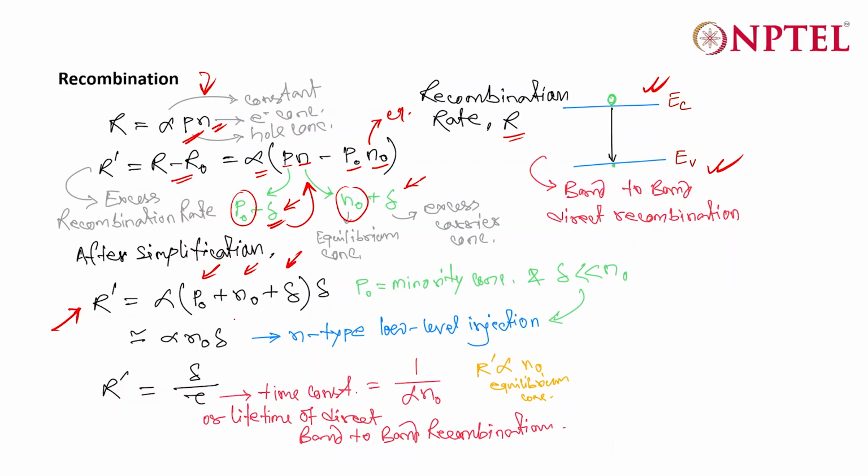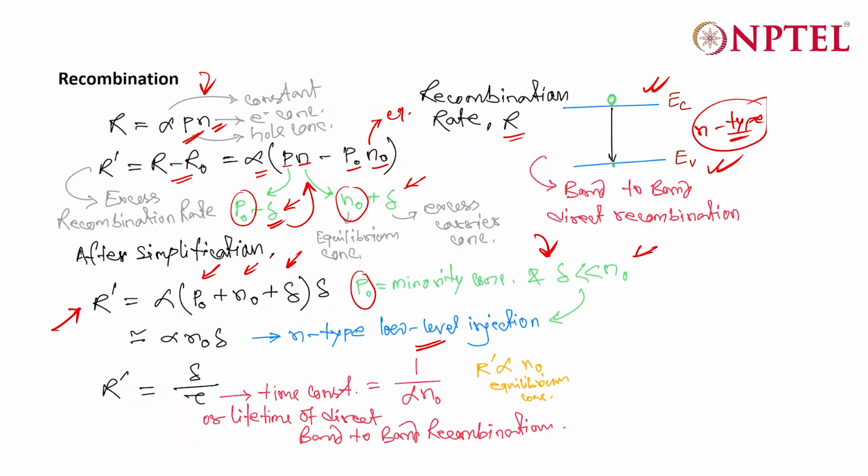Now, in this particular case, the value of P0 is much less because they are minority in case of n-type semiconductor. Let us consider n-type semiconductor in this case. So P0 will be minority, and the excess carrier concentration will be much less than N0 because we are considering low level injection.